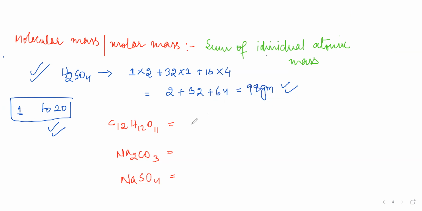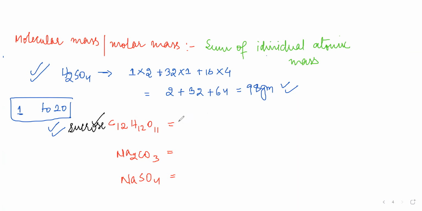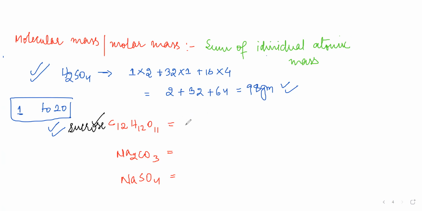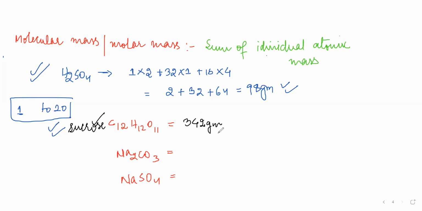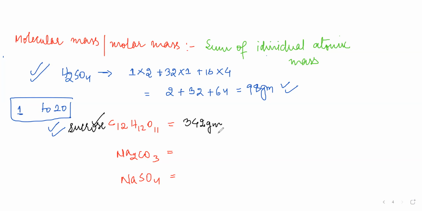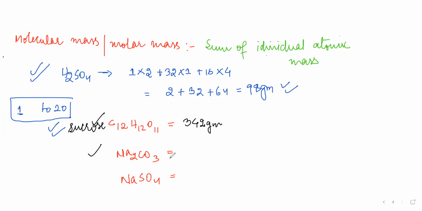Sir, I have got the answer. Tell me the answer. C12H22O11, the formula of sucrose. What is the molar mass or molecular mass of C12H22O11? Sir, it is 332. Just check it out. It will be 342 gram molar mass. Akash, what is your answer? Sir, I got the same, 342. Okay. Tell me the answer of Na2CO3. One second, sir.